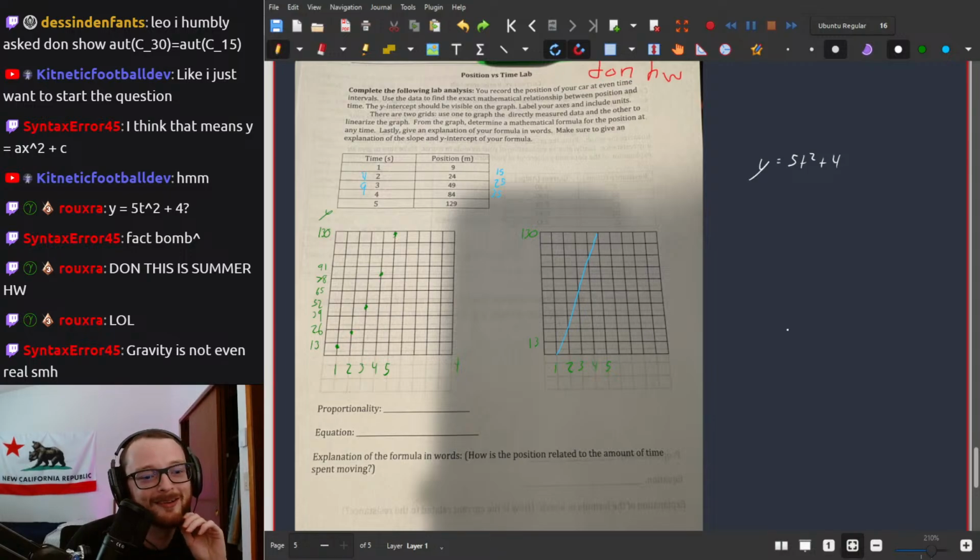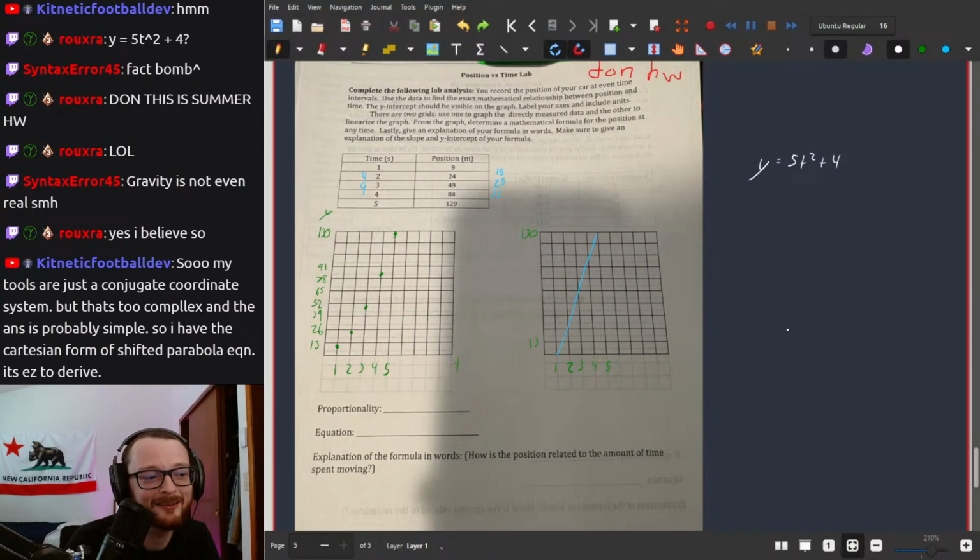Okay, so are they trying to say it's linear in t squared? I don't know what they want with a linearized graph.